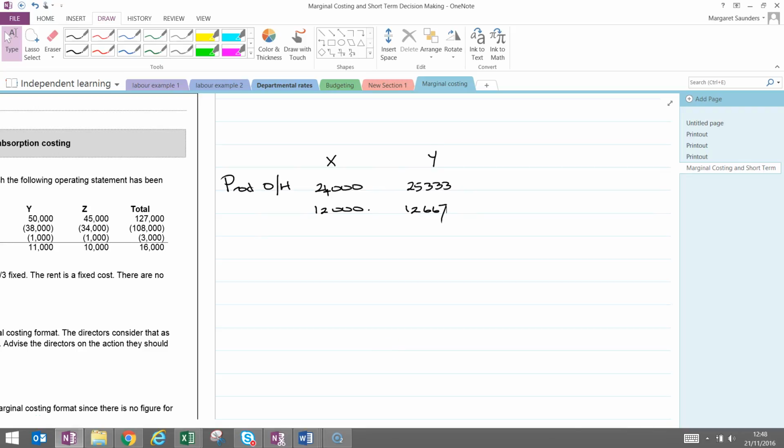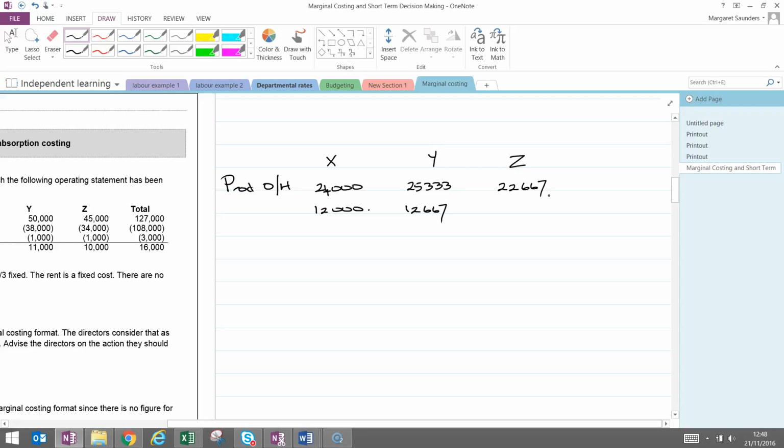Now if we look at product Z, production overheads are 34,000. So 2/3 of 34,000 works out to be 22,667.